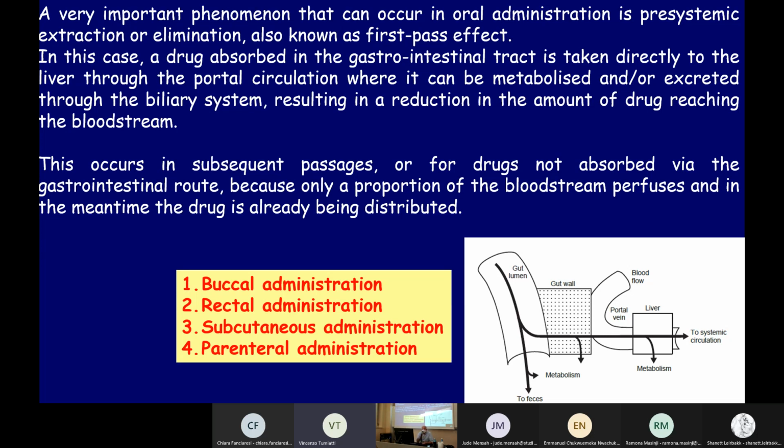So we can put a plaster, for example, inside the oral cavity, and this plaster can release the drug very slowly, and then you avoid the pass through the liver, because the drug goes directly into the blood flow through the oral epithelium.